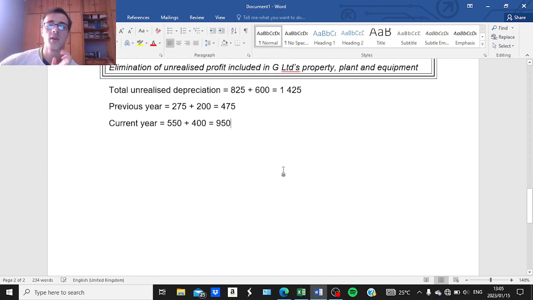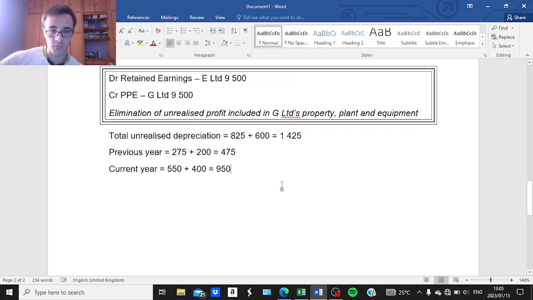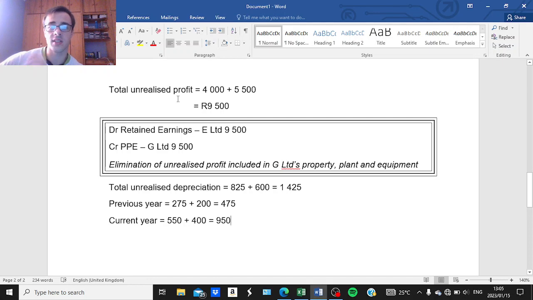All right. So our journal entry will be as follows. Because there was an unrealized profit of 9,500 in total, the parent, Grazing Ltd, has provided for too much depreciation in its own financial records, because of the unrealized profit that was included in its property, plant and equipment carrying value.